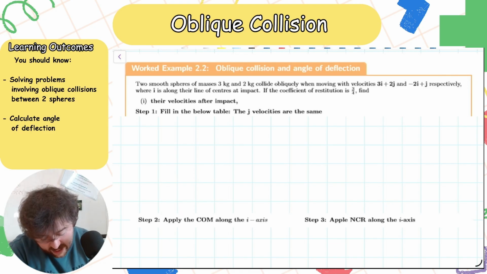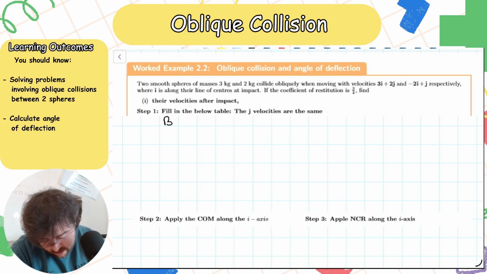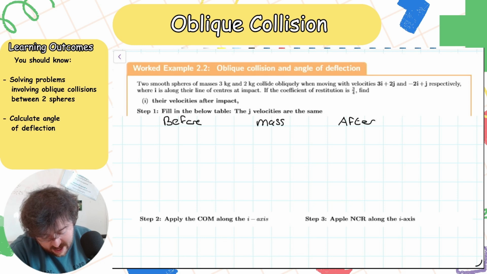So fill in your table: before, mass, after. Before, my first sphere is 3i plus 2j. Its mass is 3. And afterwards, we're going to say it's pi plus 2j.